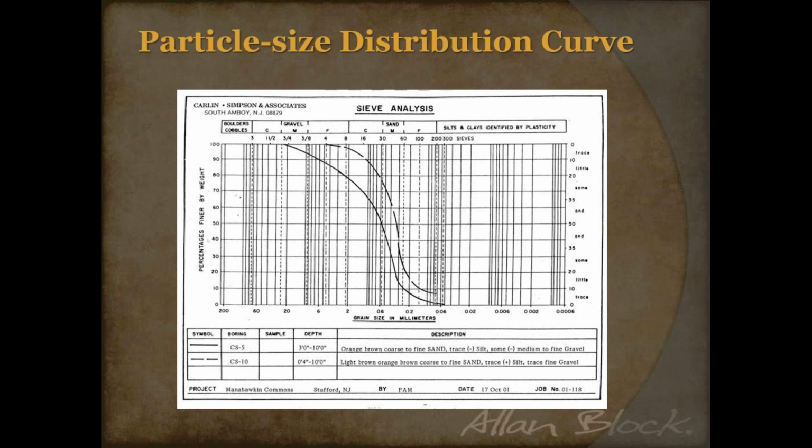What that means is a number 100 sieve has 100 openings per square inch, so very, very small. You'll see the silts and clays really start to come into play after that number 200, and that's what we consider a fine material. All we do with that grain size analysis is shake it and find out how much is passing, and that's what's being plotted here.